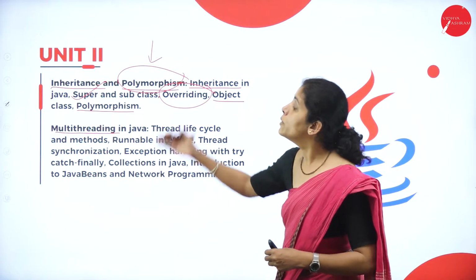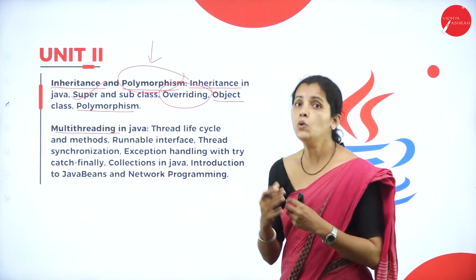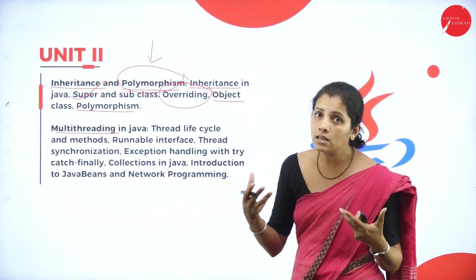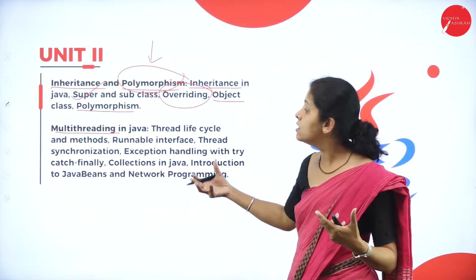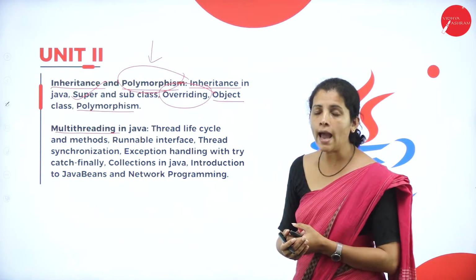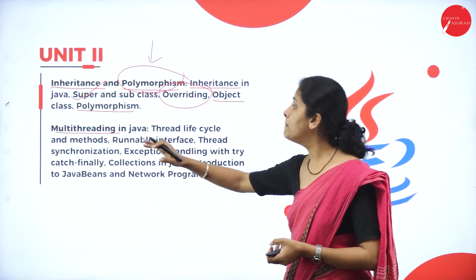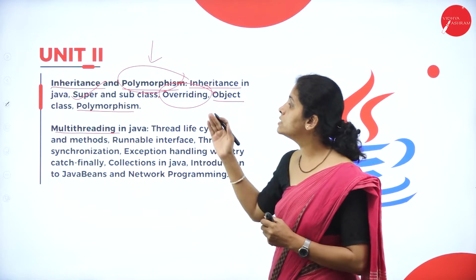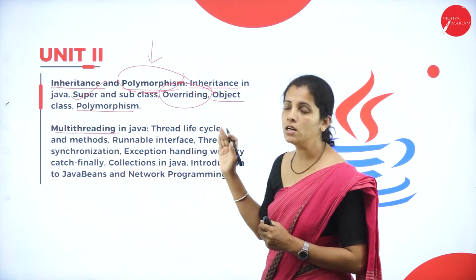So here we are going to study how to manage multiple processes, and what the different functions provided by Java are to manage multi-threads. All those things we are going to study under chapter 2.